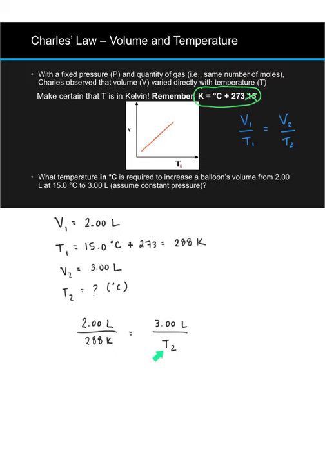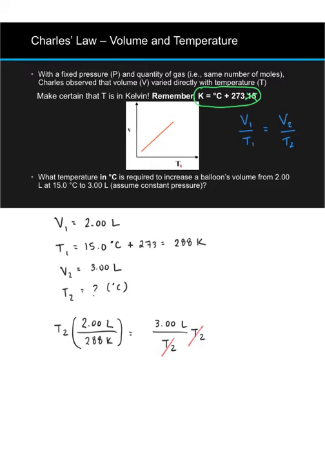And now we need to solve for a quantity in the denominator of the right-hand side. The easiest thing for us to do will be to multiply both sides by T2 so that we get rid of it entirely on the right-hand side. Now, on the left-hand side, there's a quantity that we can simply divide both sides by.